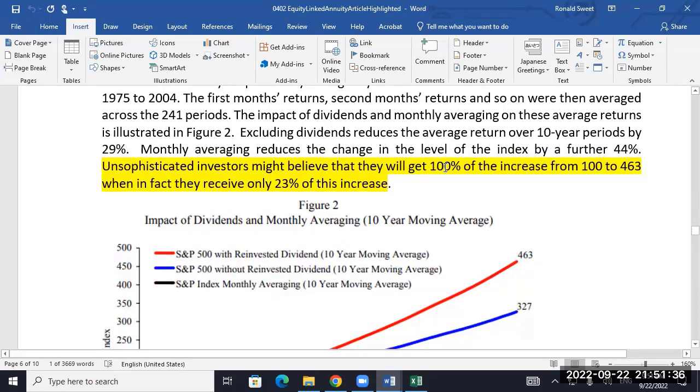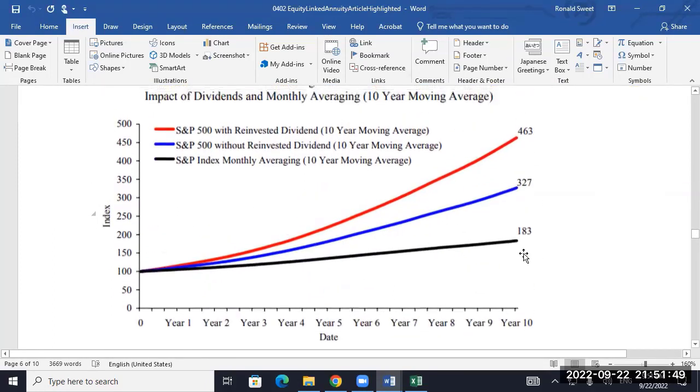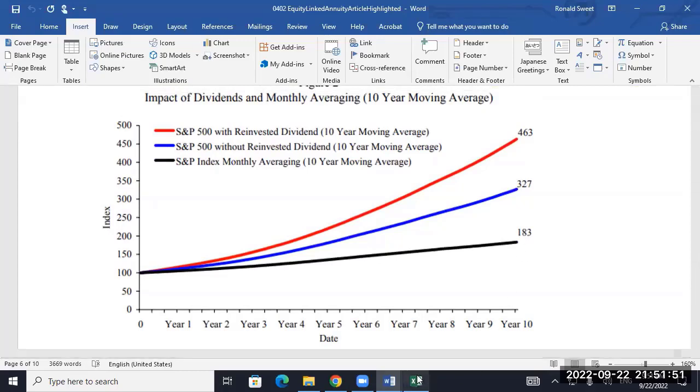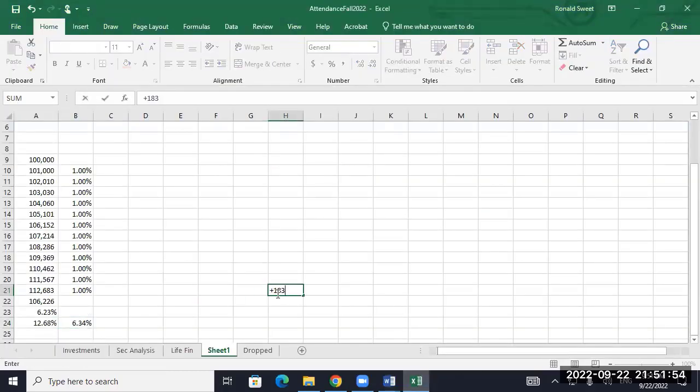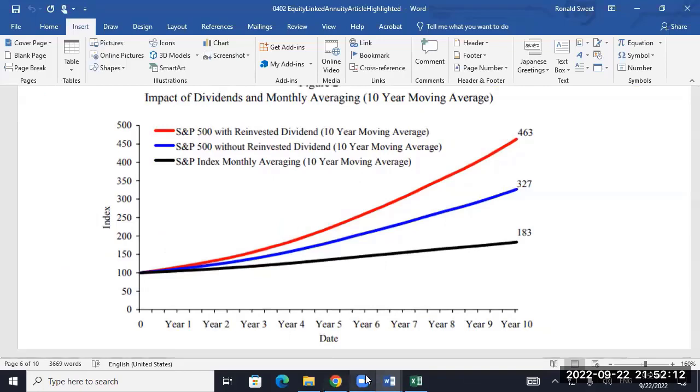Unsophisticated investors might believe they get 100% increase when in fact you're only getting 23%. Here's a shorter period. You can see it's still very significant. And if you actually calculate this over 10 years, it's only a 6.23% return.